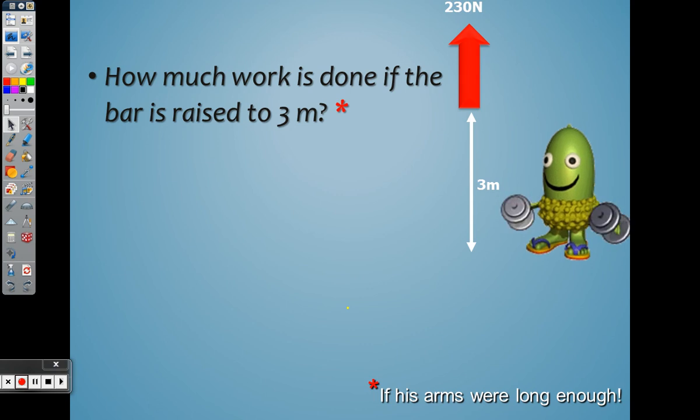And as you're doing that, think about the relationship between force and work. Think back to what our two types of relationships are to begin with.